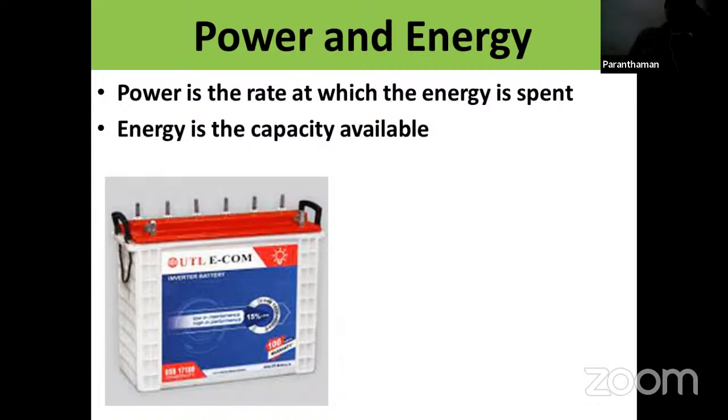For example, if this 100 Ah battery is delivering to its full capacity, let's assume 12 into 100. 12 is voltage, 100 Ah is current into time. That is 1.2 units. 1.2 units of electricity it can save. This is how we calculate the details for the power and all for inverter and solar panels, etc.